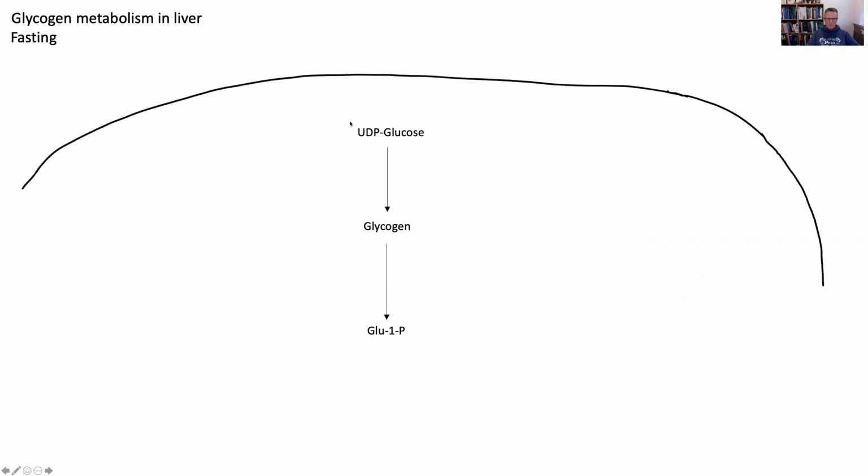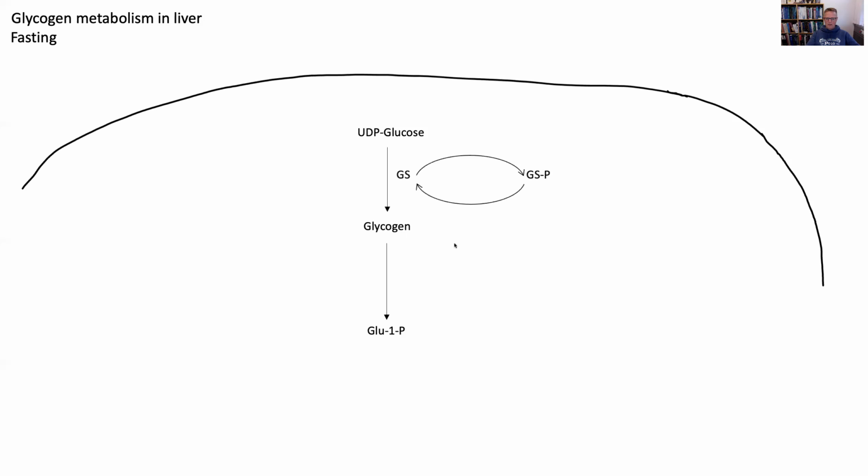So when we look at glycogen metabolism in the liver, we have, as we saw before, some of the same pathways. UDP glucose is substrate for glycogen synthesis, and glycogen can be degraded to glucose 1-phosphate, which again can be relatively easily converted to glucose 6-phosphate and thereby enter metabolism.